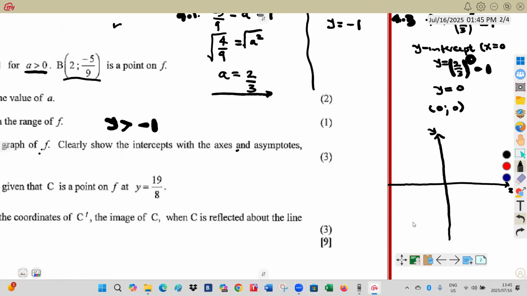Then our asymptote, we found it to be at y equal to -1. So here it is. You have to take note here is 0.